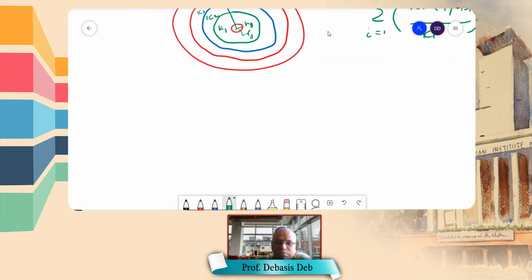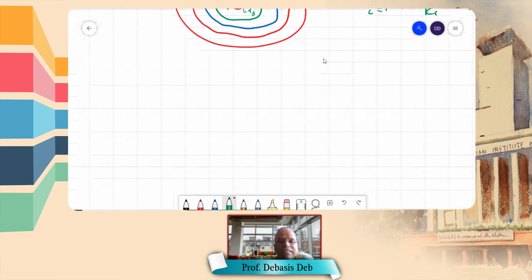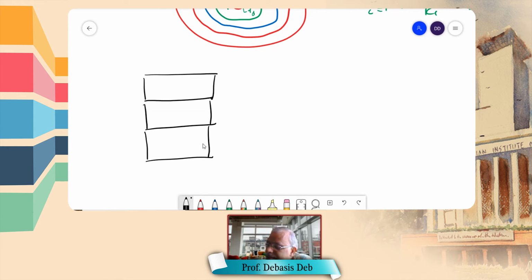Now let's assume, again, linear flow, and this time the strata are parallel. Now, how are they parallel? The strata are like this. So let's say this is K1, K2, and this is Kn.